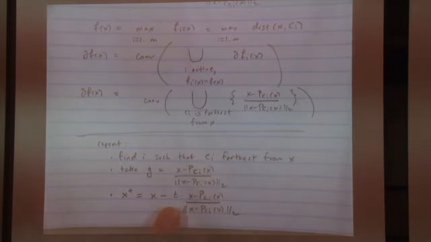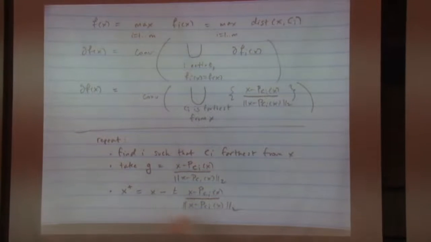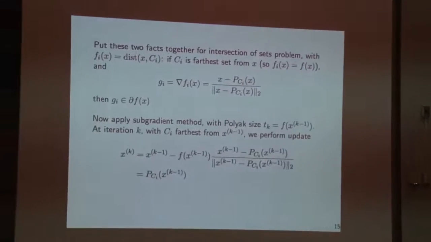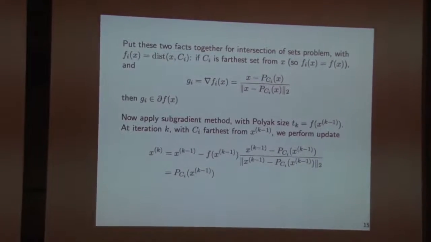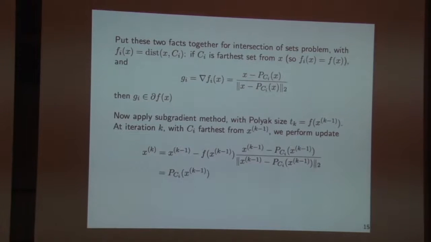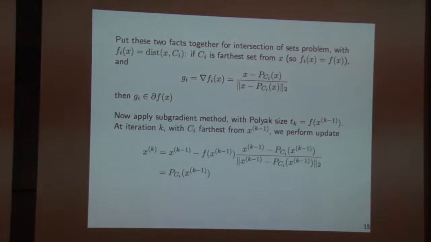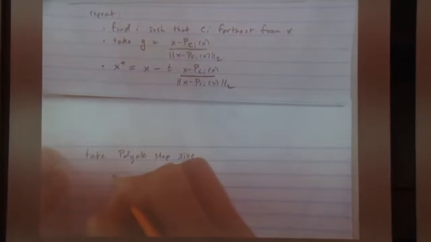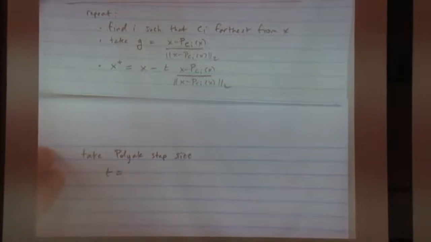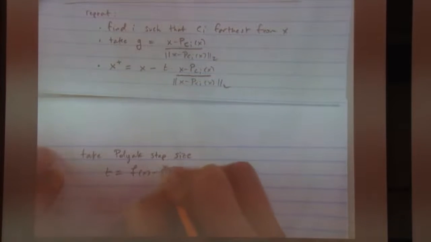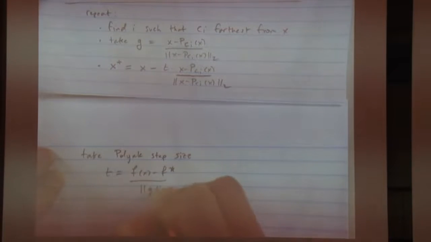And if I just took any fixed step size t, small enough, then we know that we'd approximately minimize f, right? Let's take a more special choice of t and see what happens. Let's take the Polyak step size. That was the point of this example. That was telling us to take t to be the criterion value at x minus the optimal one, divided by the norm of g squared.